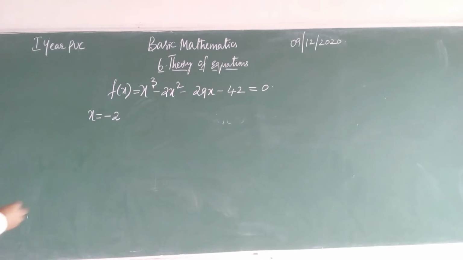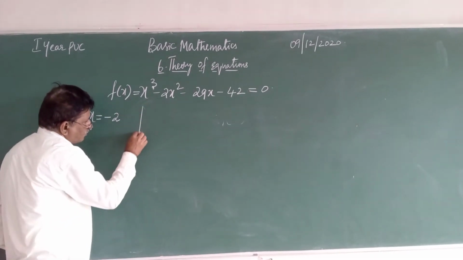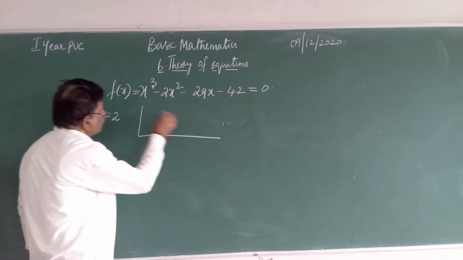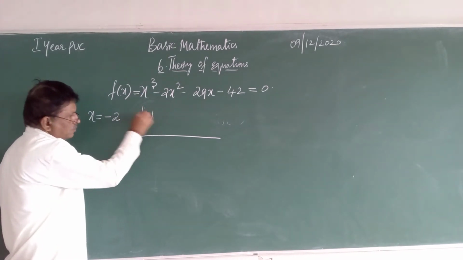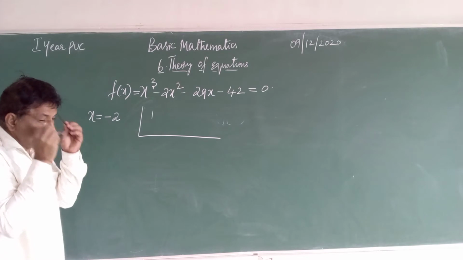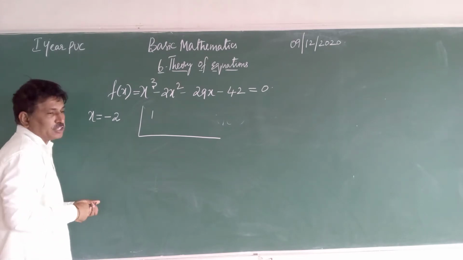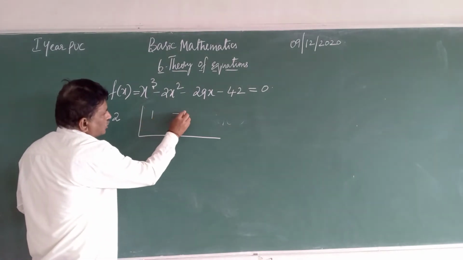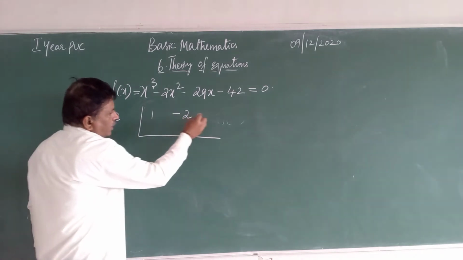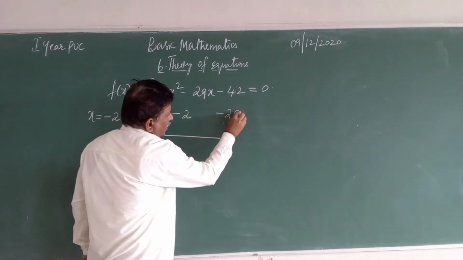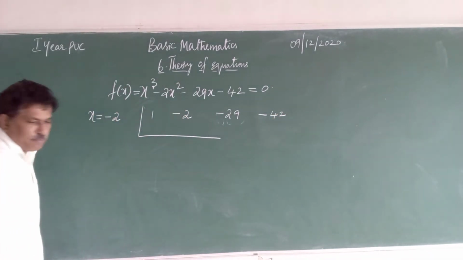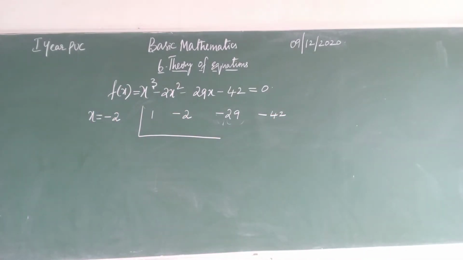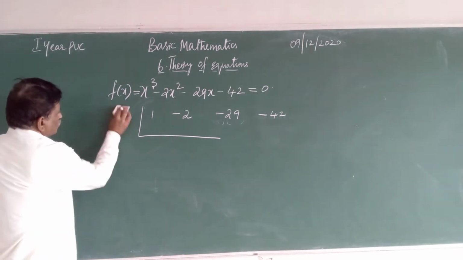So for synthetic division, the highest power is x cube, its coefficient is 1, and the next, for x square, is minus 2, then minus 29, and the constant value minus 42. You have to take minus 2.